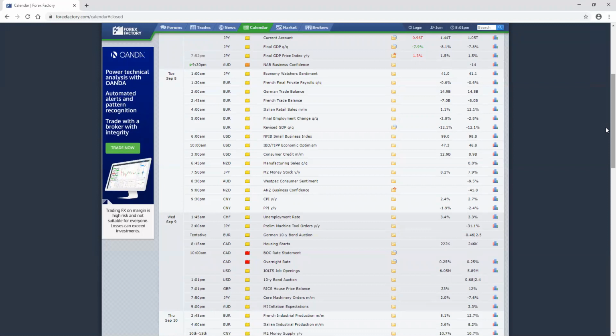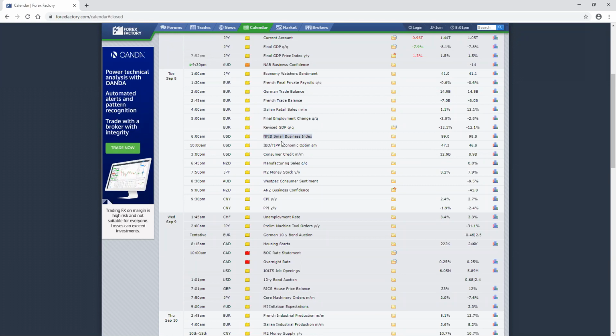While those items are yellow on the Forex Factory calendar, one thing you have to think about when you're looking at the calendar is, have I heard something with those same words in it talked about on the news? So for instance, this news item right here, small business index, it's yellow, but small business.